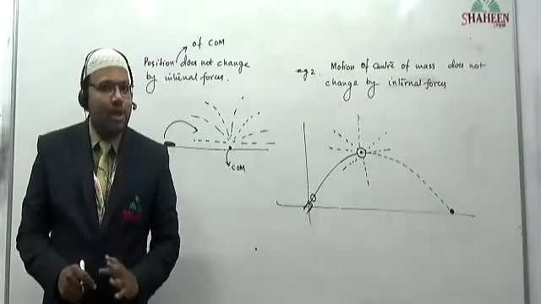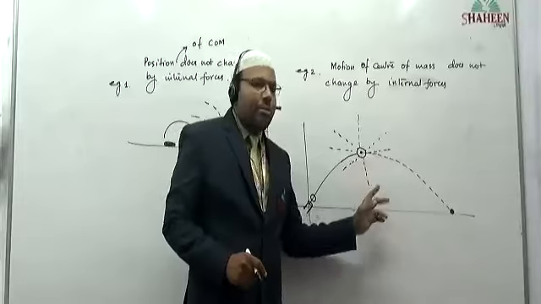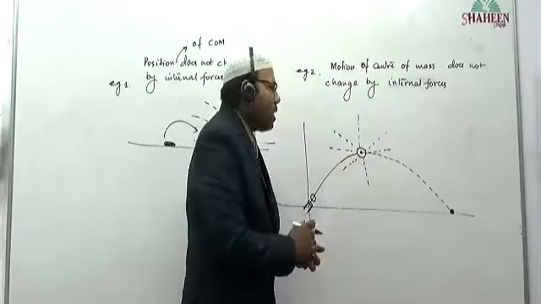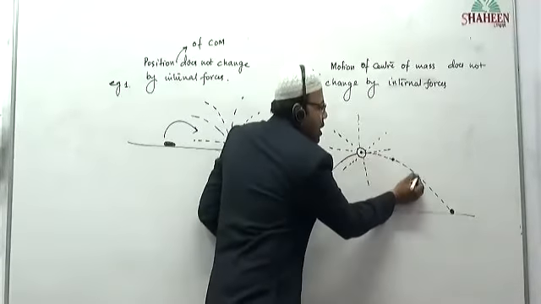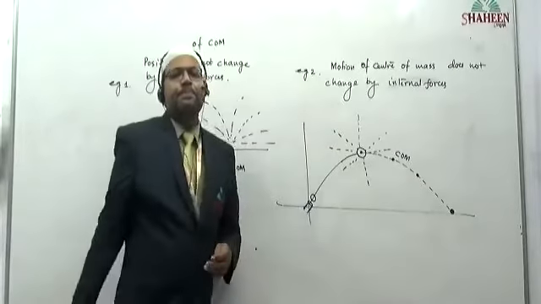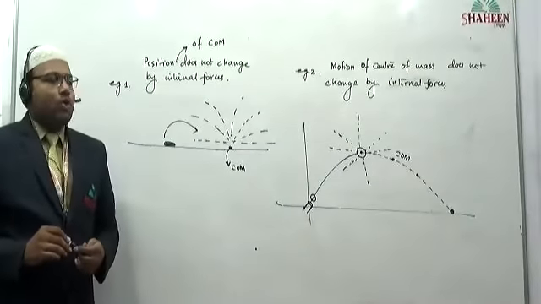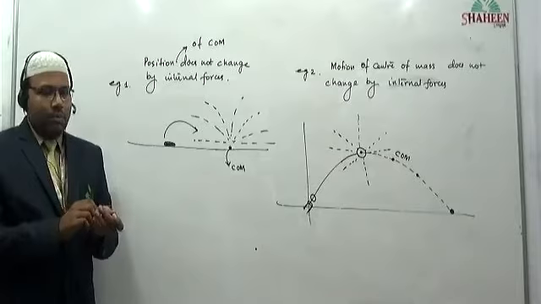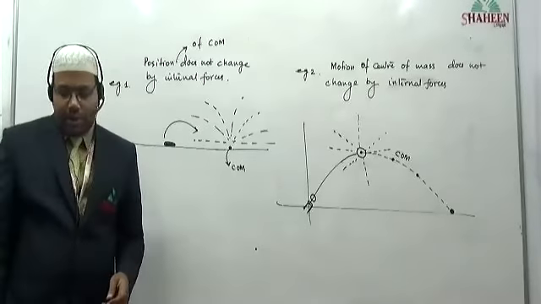I hope it is clear. मिड एयर में एक्सप्लोड होने के बाद भी बेटा उसका जो center of mass होगा, it is going to reach the target. I hope it is clear. So these two examples you take down for the third characteristic.